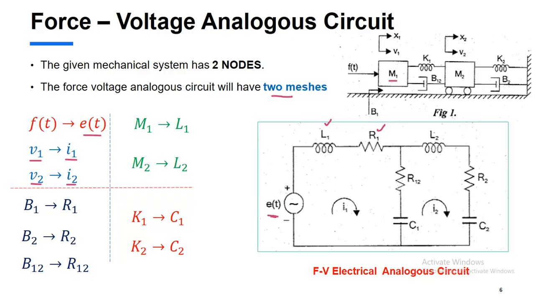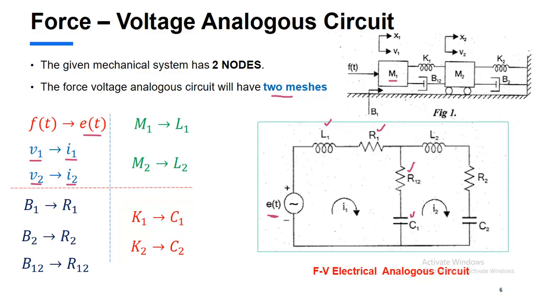Therefore, these two elements should appear as a common element between two meshes. And in force voltage analogy, the common element should be connected in series. In case of a force current analogy, these elements should be connected in parallel. We will see later. This B12 is nothing but R12, and K1 is nothing but C1.